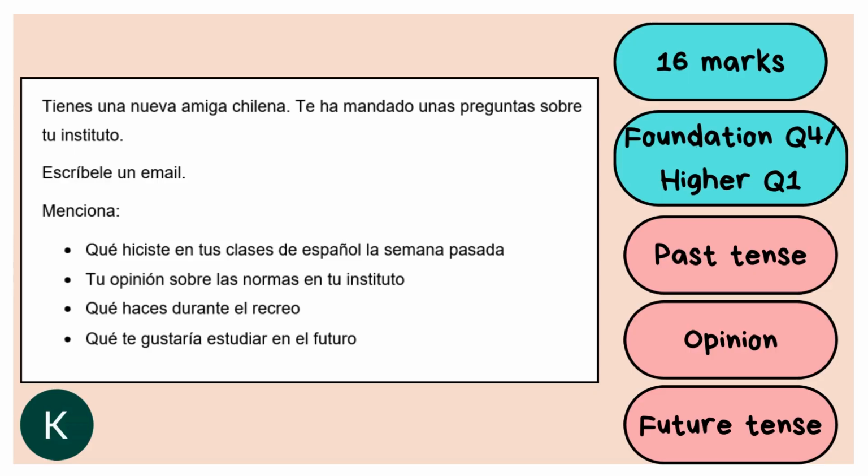What did you do in your Spanish classes last week? And there will most likely be another bullet point which requires a future tense response. And in this case, it's the last bullet point which says, ¿Qué te gustaría estudiar en el futuro? What would you like to study in the future?